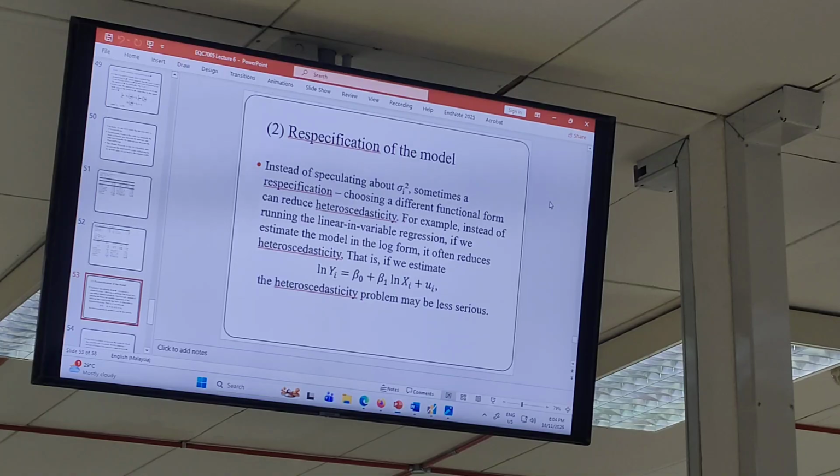So another possible method is through re-specification of the model. Instead of speculating about the error variance, sometimes re-specification, choosing a different functional form, can reduce heteroscedasticity. For example, instead of running the linear regression, if we estimate the model in log form, it often reduces heteroscedasticity.